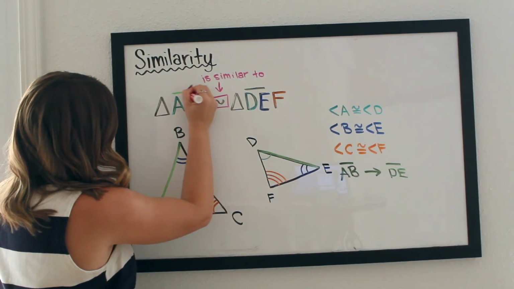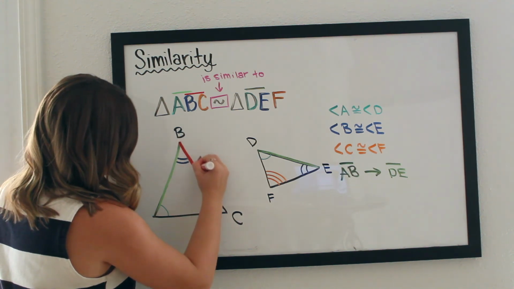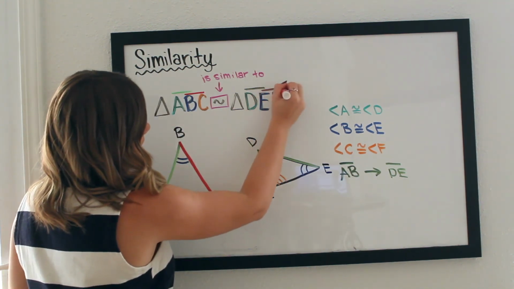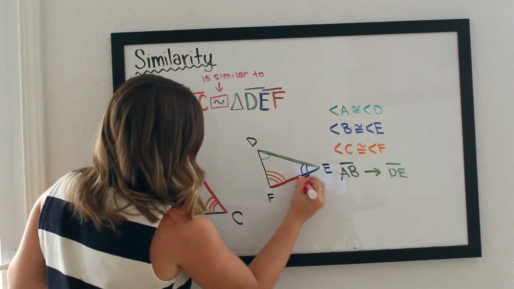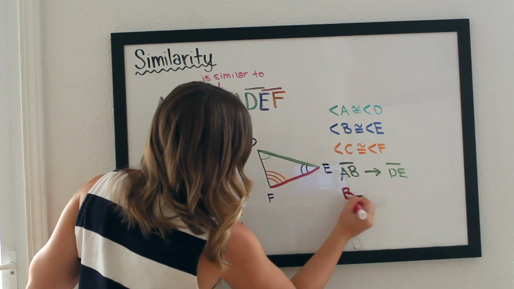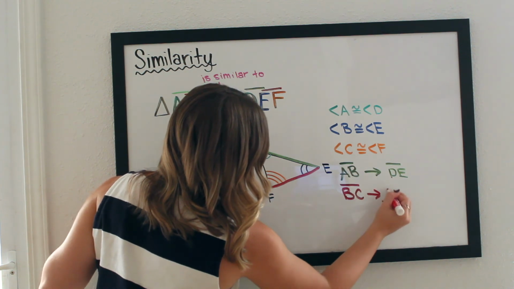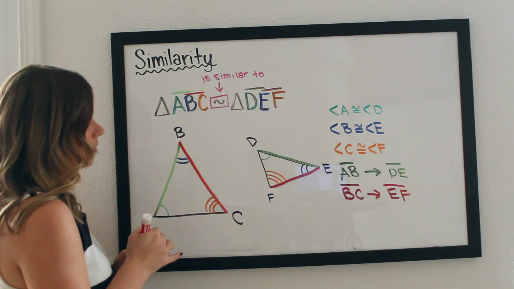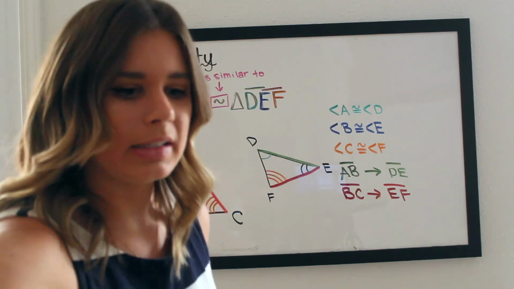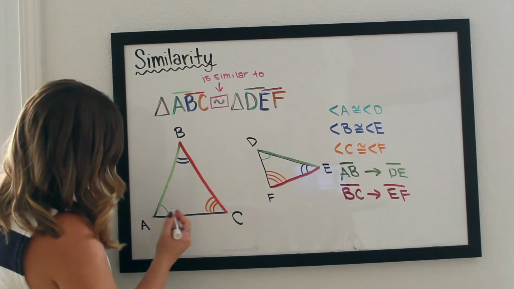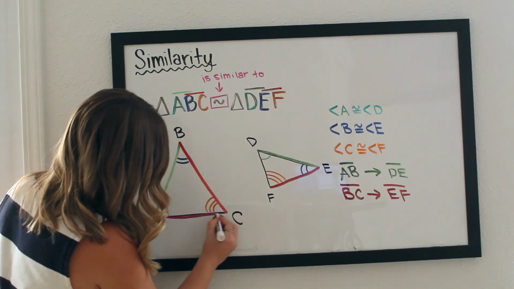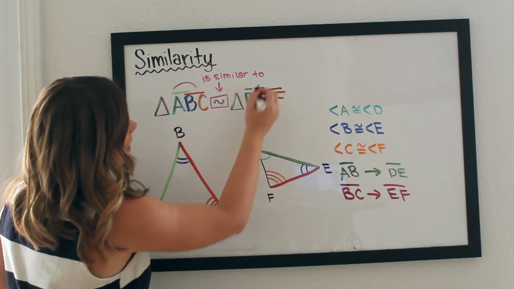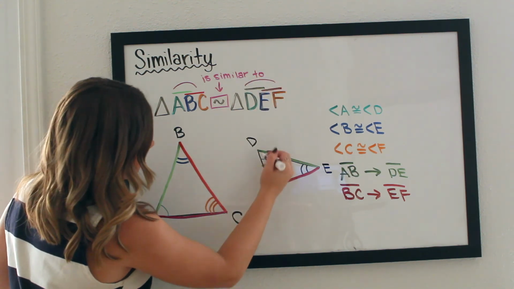I have BC, which corresponds to EF. And last but not least, I have AC, these last two, looks like a rainbow, which corresponds to DF.